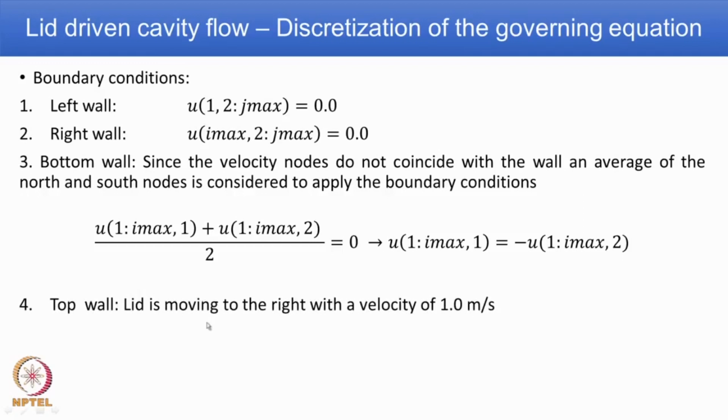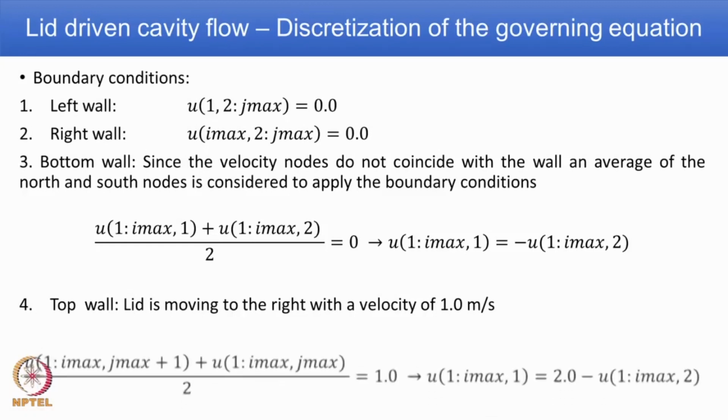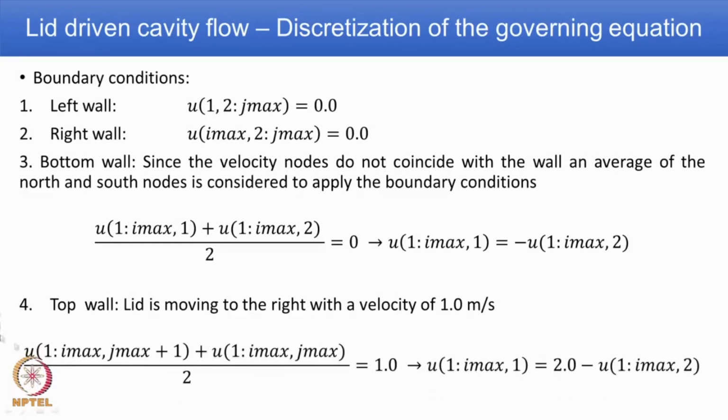On the top wall, we mentioned the lid is moving to the right with a velocity of 1 meter per second, and that is also ensured in a similar way, by taking an average. In this case it is u at 1 to I max, j max plus 1, plus u at 1 to I max, j max, divided by 2, and that should be set to the desired velocity, that is 1.0.